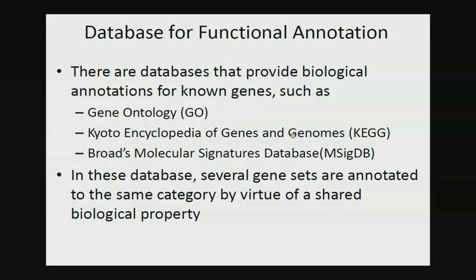So there are many different databases. Basically, scientists curate these databases and update them as time goes by, adding new knowledge about all the genes they know about from all the publications and research. In these databases, several gene sets are annotated to the same categories by virtue of shared biological properties, right? This is like a dictionary.